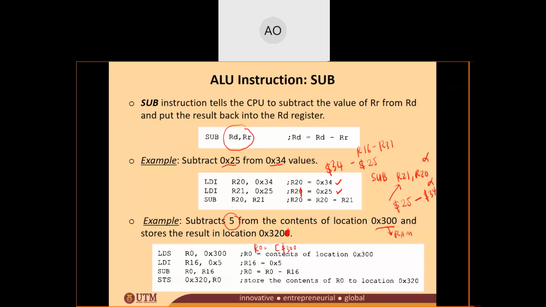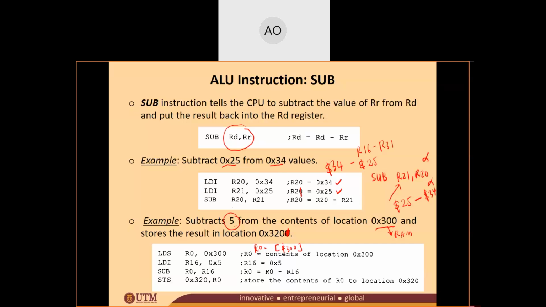Any value at address 300 will be stored to your R0. And then LDI R16, 0x5, so you put the value 5 into R16, and then SUB R0, R16. So R0 minus R16 is equal to R0. Any value that you load from 300 minus 5 is put back into R0.